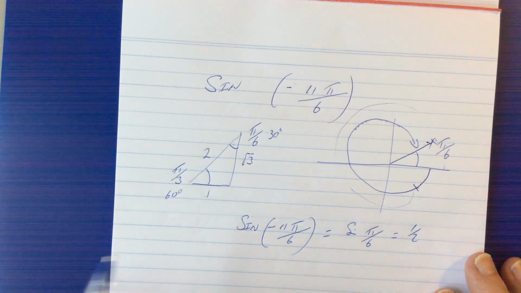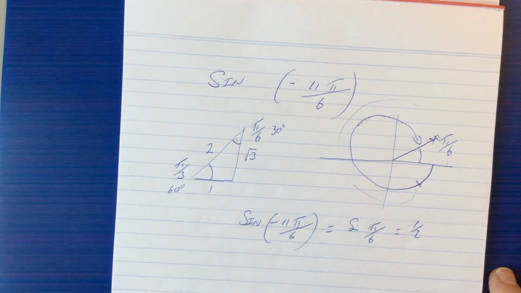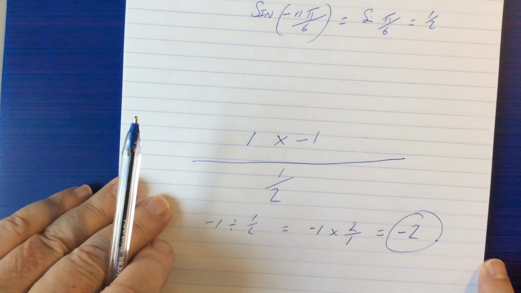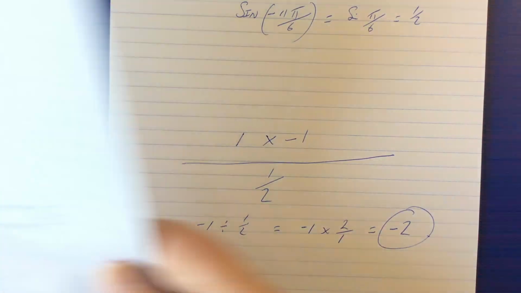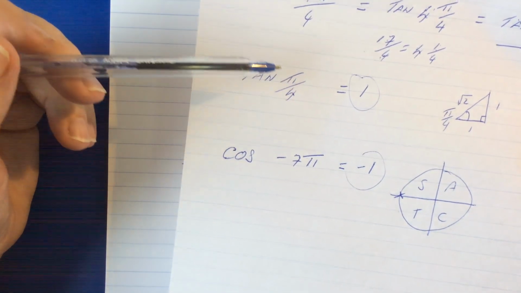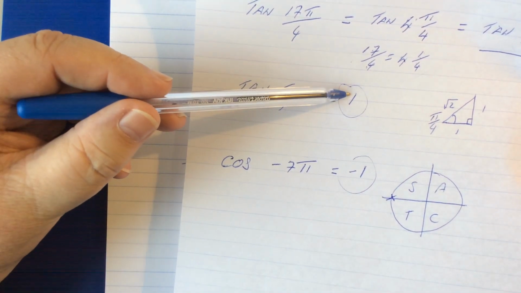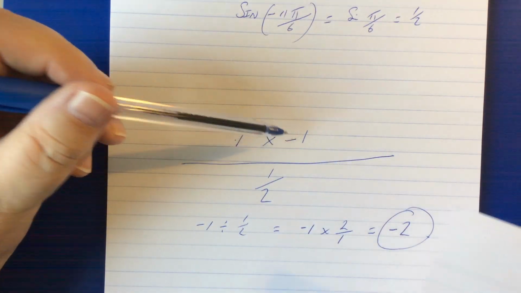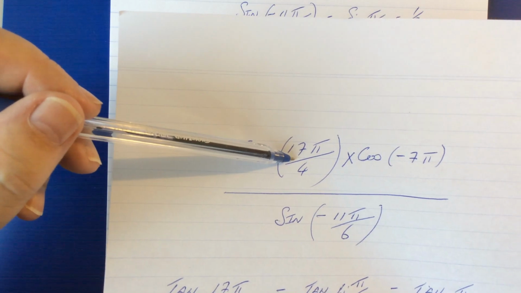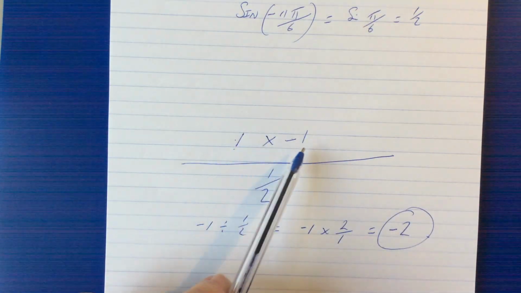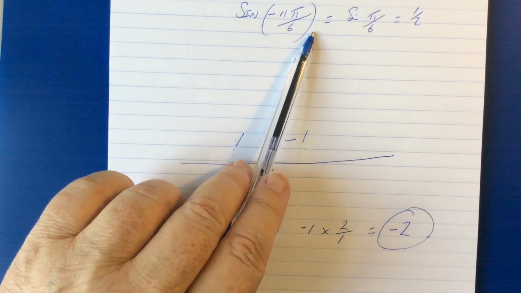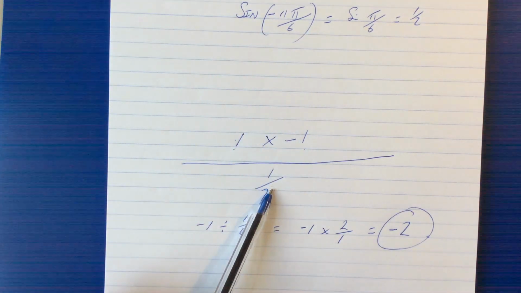Okay. So let's put all this together. Suddenly it becomes unbelievably simple. Now, our tangent was 1, our cosine was -1. So that's 1 times -1, which equals -1, and the sine, which we just calculated, was a half.